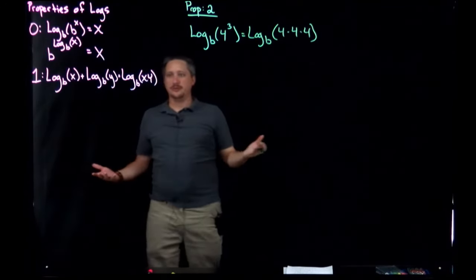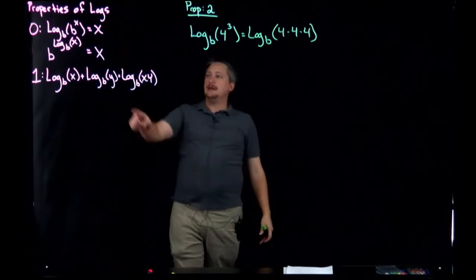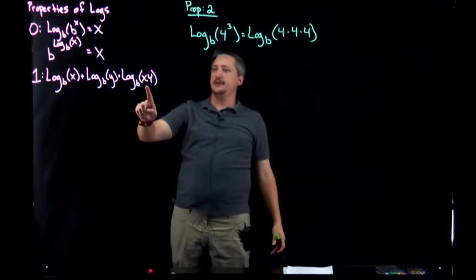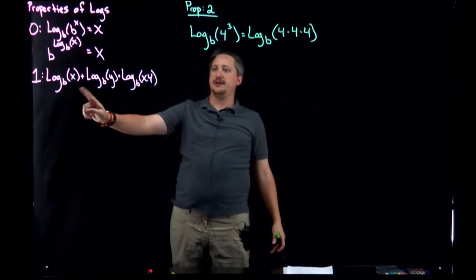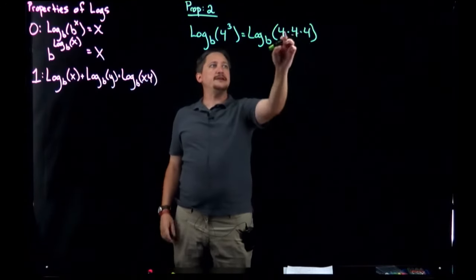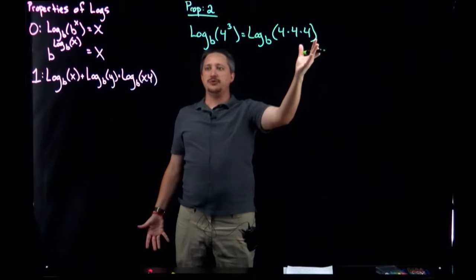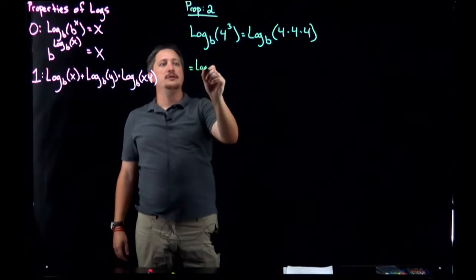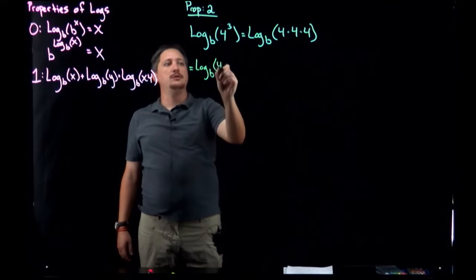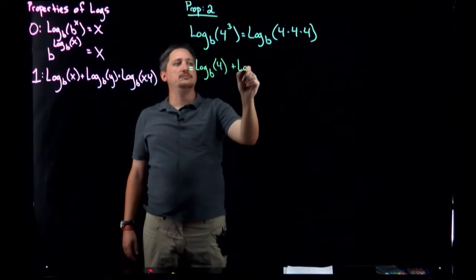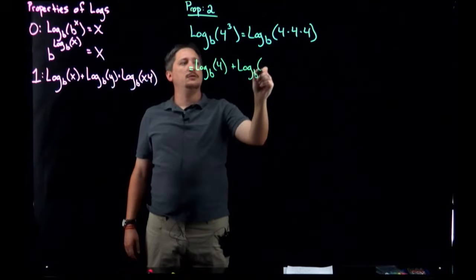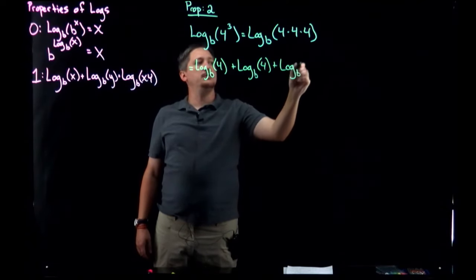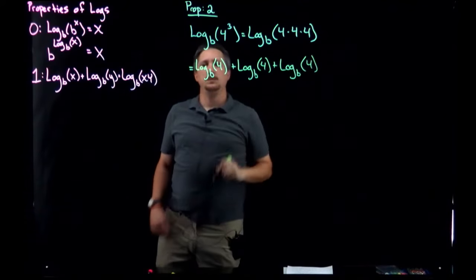That's just what 4 to the third means. But as we saw in our first property, products inside become addition outside. So I can take the products here and make them into addition, meaning that I can write this as log base b of 4 plus log base b of 4 plus log base b of 4, okay?